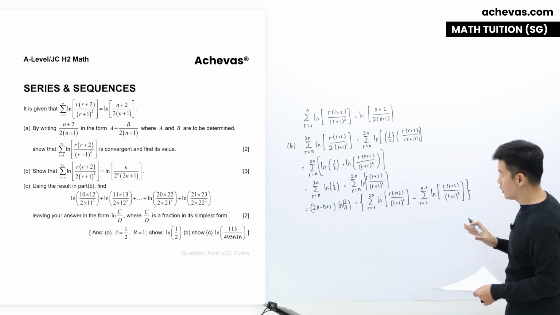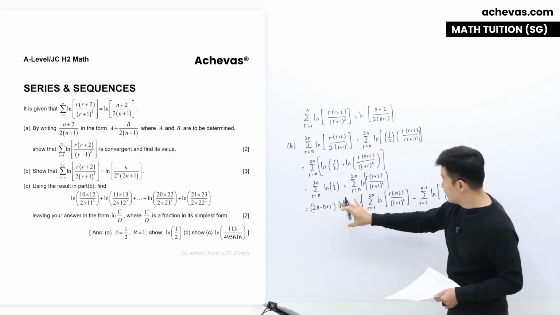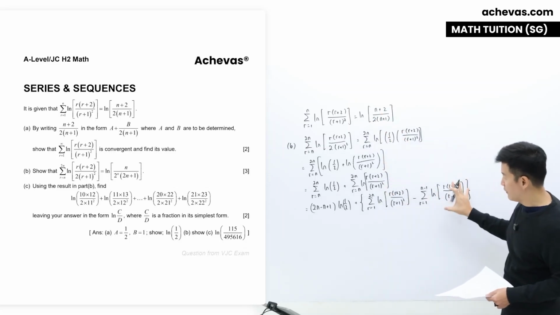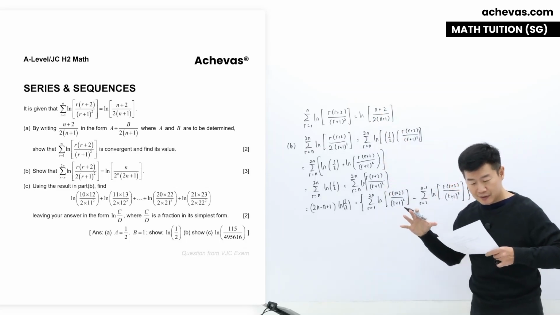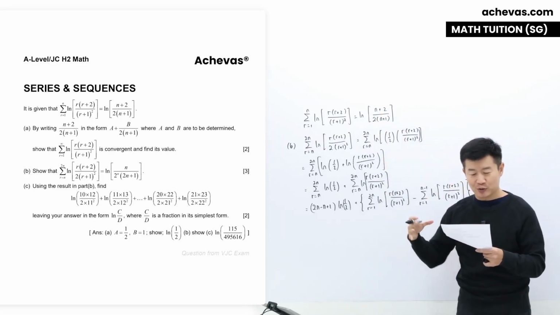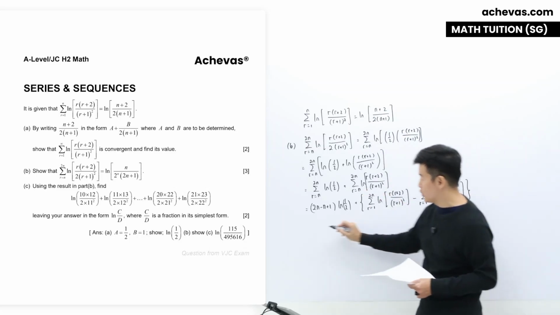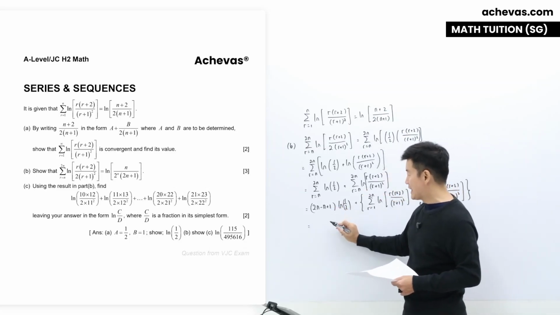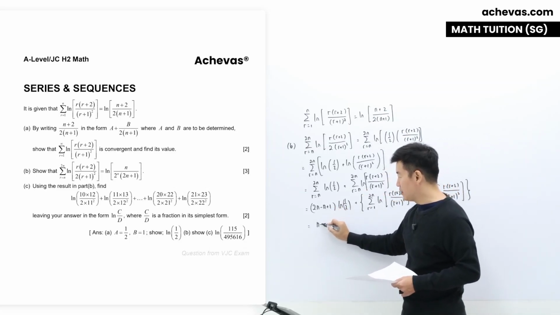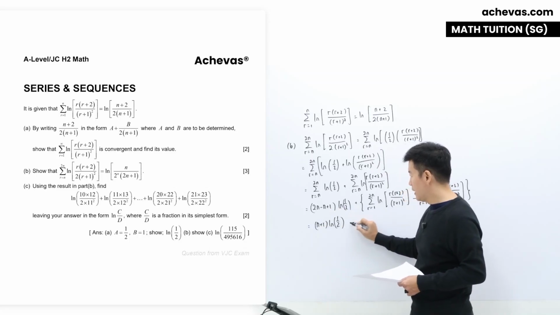So, okay, let's try to do some simplification for this, and we are going to make use of the previous result to apply for here. And we are going to then simplify the whole thing, and we will try to show what the question requires us to show. So this that is here, we will have a n plus 1, then ln half.